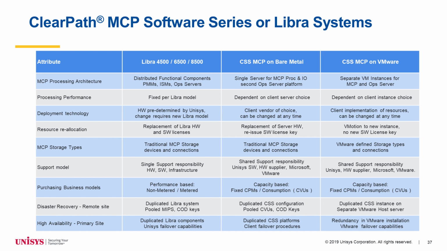And then similarly, for redundancy on VMware, you can have HA and vMotion capabilities available to you when you're running on the hypervisor environment. So I hope that makes it clearer what your options are when you're choosing between Software Series and the Libra systems.